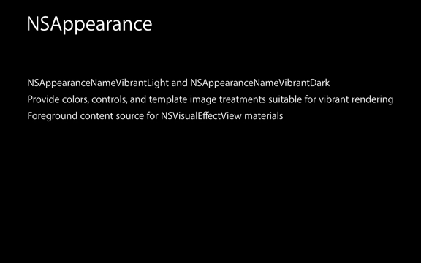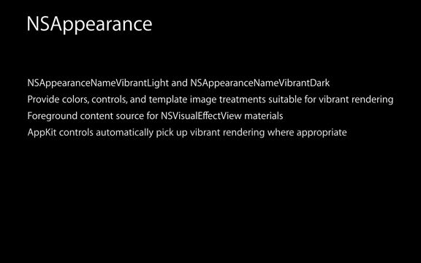So NSAppearance can really be thought of as the thing that selects and identifies your foreground content source and makes it appropriate and locked in for vibrant rendering and for that material. And once it's in effect, AppKit can automatically pick up the appropriate colors, the appropriate template treatments, and the right blend modes, especially appropriate for the view and the material you're rendering onto.